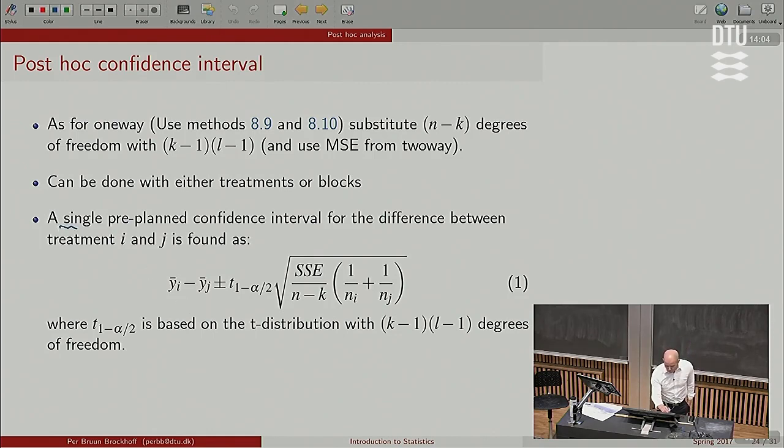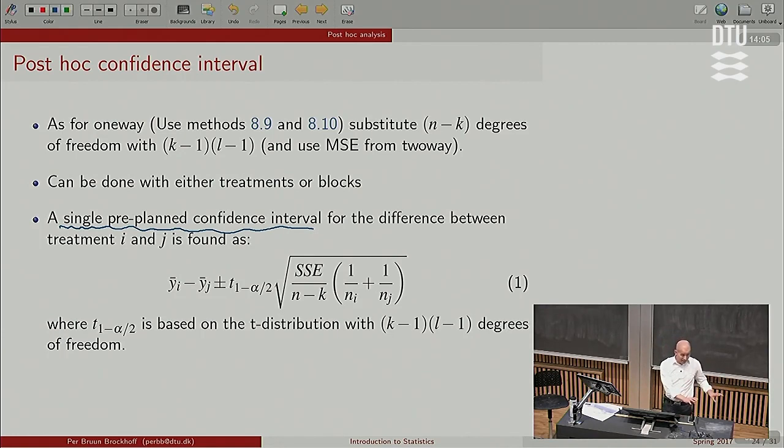If we do single pre-planned comparisons, this is about whether I compare, like if I were a company, maybe I have two prototypes already. I know I'm going to choose one of those two prototypes. Then I put in a number of other products to compare, maybe competitors' products, or other prototypes.